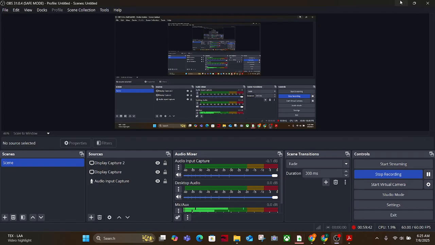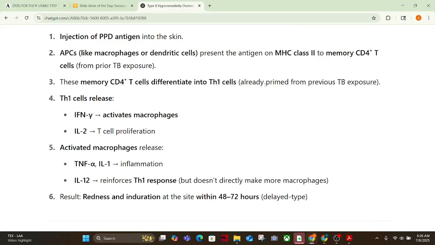So you have macrophages presenting the PPD antigen on MHC class 2 to memory CD4 T cells.